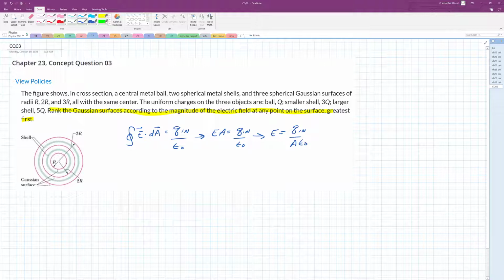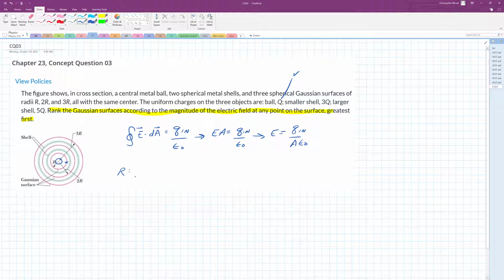I'm going to look at the first Gaussian surface, which is right here. This Gaussian surface, which has a radius of r, is enclosing this charge, which according to the problem is Q. So here's what I have for the Gaussian surface with a cross-section radius r.